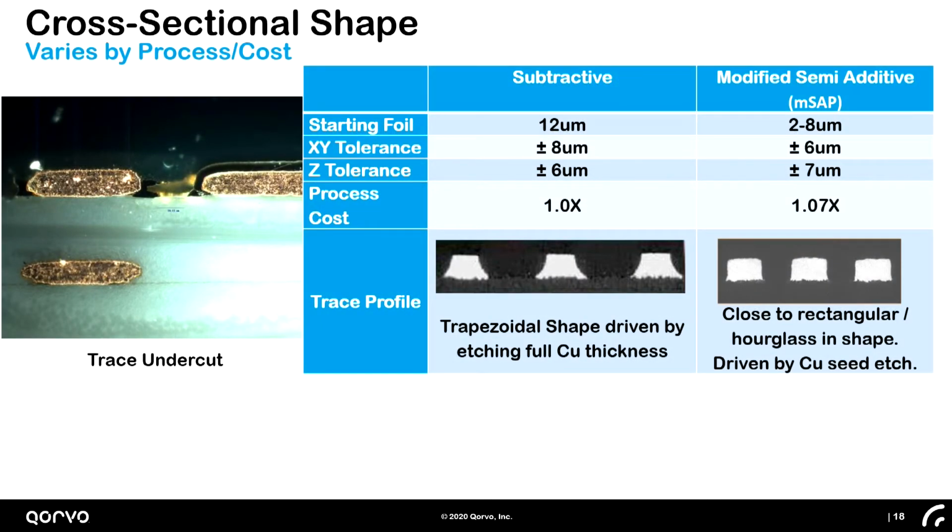So here's some of the fun shapes you can get with the metals. You get undercut. They look rounded. Depending on which process you use, you can get these sort of trapezoidal kind of guys with a weird foot on them, or you can get something that looks closer to a rectangle. But if you're assuming a rectangle and get either of these two guys, the edges look so different, like the edge coupling would be completely different than if you got something like this or something like this.